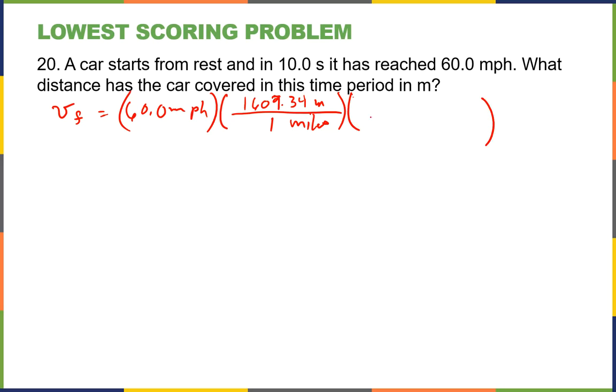So my conversion factor for time needs to have 1 hour on top, and I want to convert to seconds. There's 3,600 seconds in an hour, and that gives me 26.8 meters per second. I'm running on the memories from last night's calculations, so.